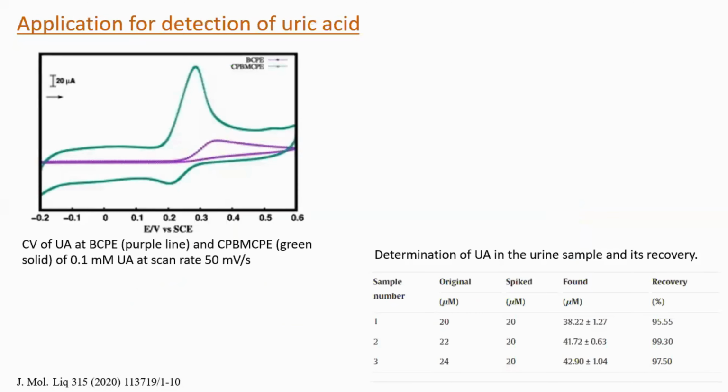Then we used it to detect uric acid in a human urine sample, and how much we spiked, that much uric acid only was found. That means these types of electrodes can be used to detect uric acid in human urine or patients' urine samples.